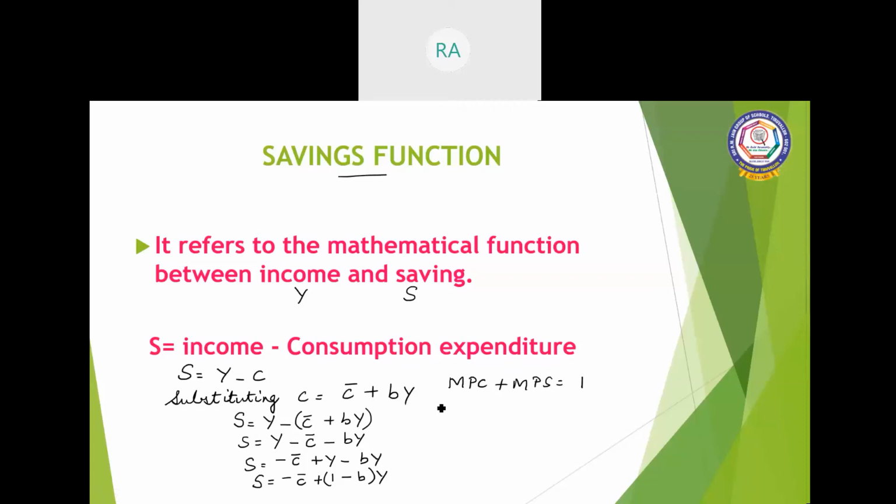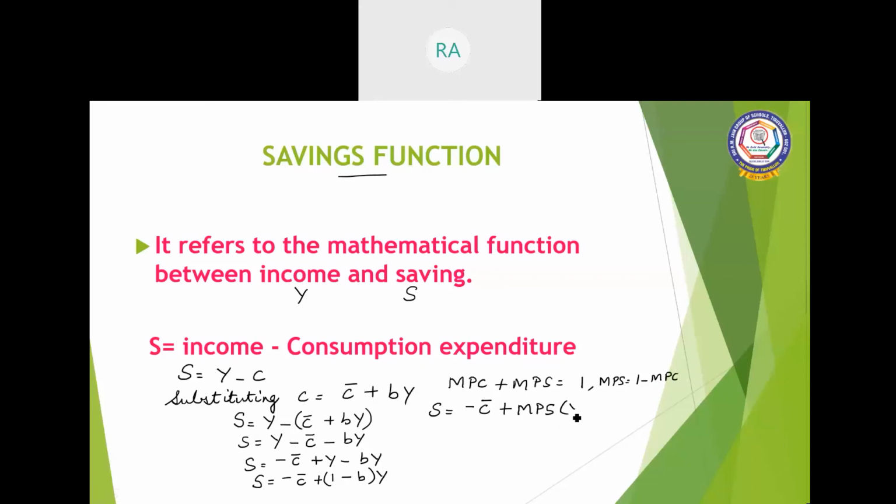Then we can substitute for the next equation for savings. S is equal to minus autonomous consumption expenditure plus (1 minus MPC) Y. 1 minus B is 1 minus MPC, and 1 minus MPC is MPS, because MPS is equal to 1 minus MPC.